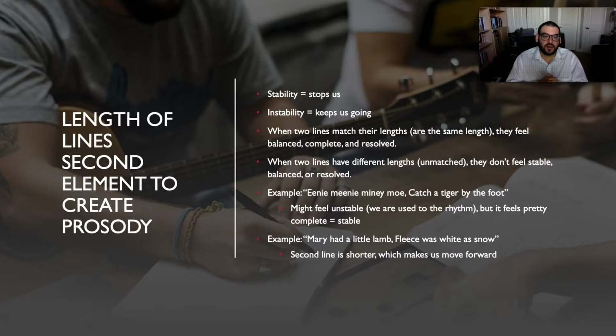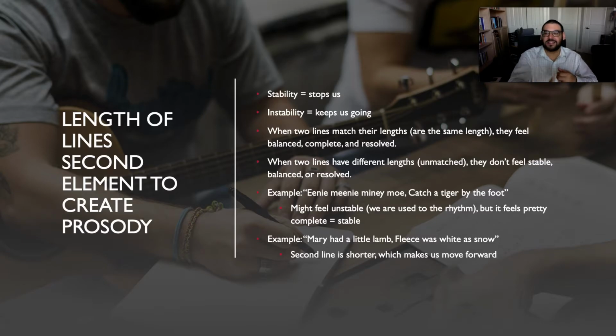So the length of the lines is the second element to creating prosody in your song, to creating that sense of togetherness, that sense of completion of a song. Remember, stability stops the song, right? 4 lines, boom, boom, boom, boom. That stops the motion of the song, that completes things. 3 lines creates this instability, right?